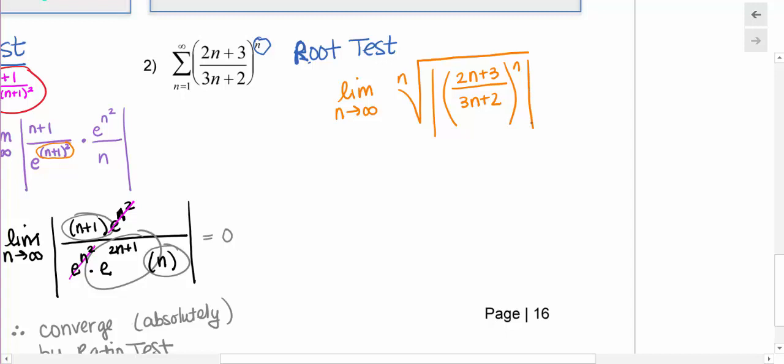Okay, well, nth root to an nth power, right? That's like saying something to the nth all to the 1 over n, because again, nth root is to the 1 over n. So that leaves all of that quantity to the first. That's why root test is so helpful.